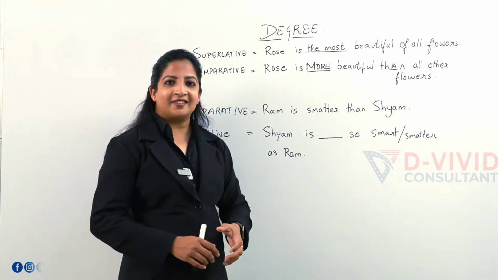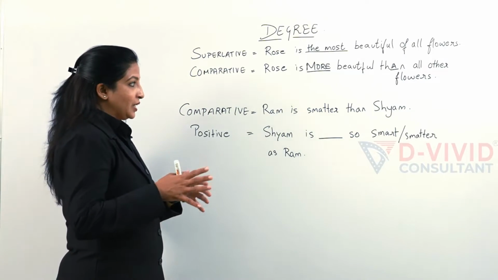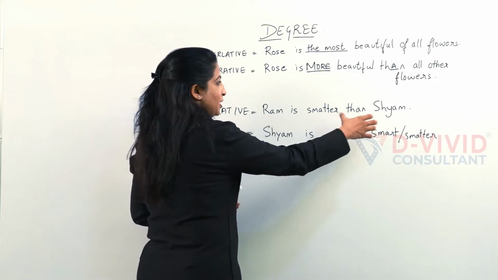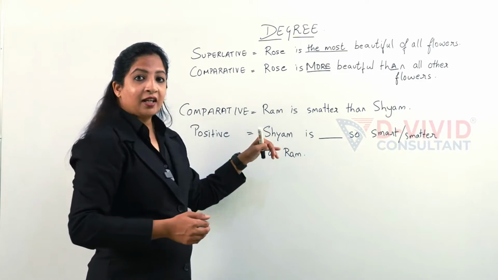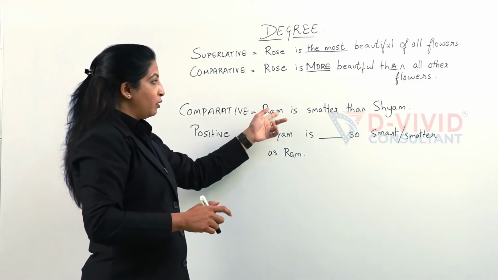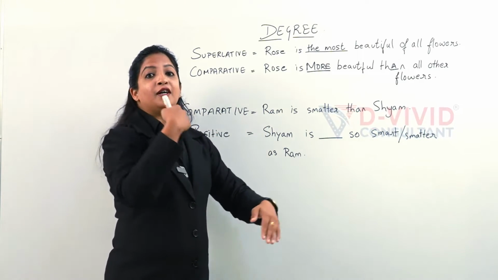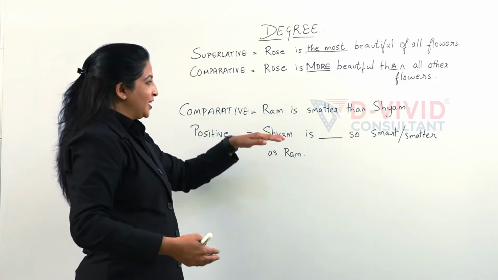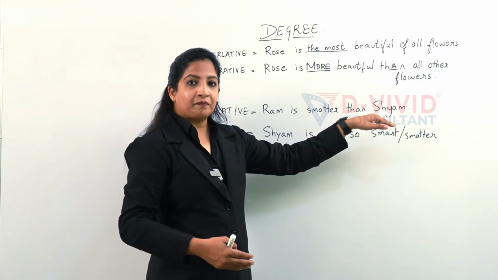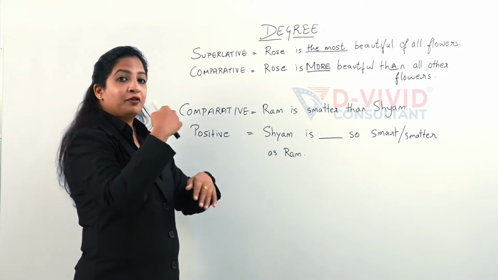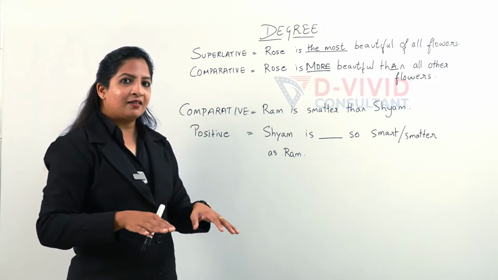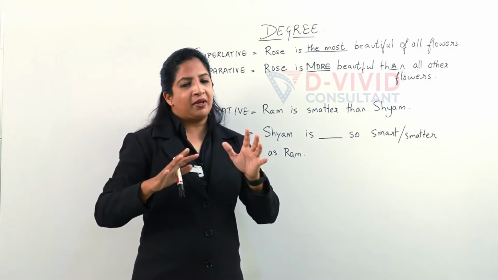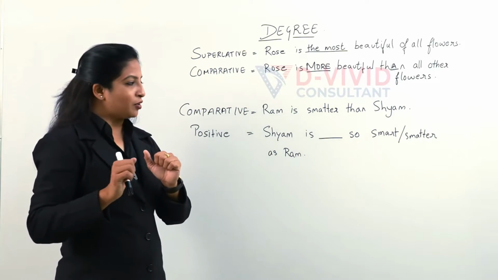"As Ram." Now if you pay attention, I have taken Shyam as my starting word, starting noun, and not Ram. So I have reversed the situation. Ram is smarter. Here I have reversed everything, keeping the meaning intact, keeping Ram still being the smarter.